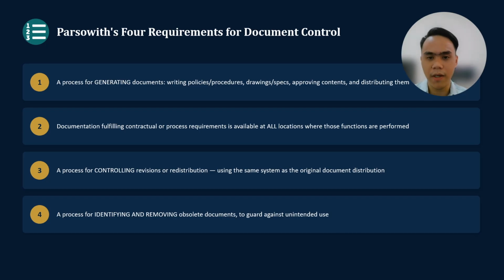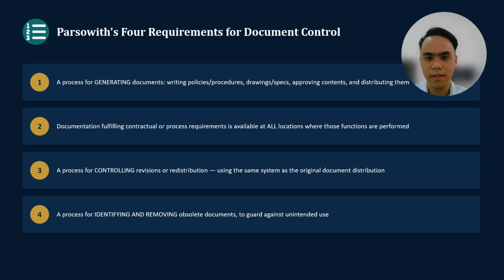Number three is a process in place for the control of revisions to or redistribution of documents using the same system as the original document distribution. This is an important consistency requirement. If a document changes, the update needs to reach people through the same control channel the original went through, not an ad hoc email or hallway conversation that might miss people.